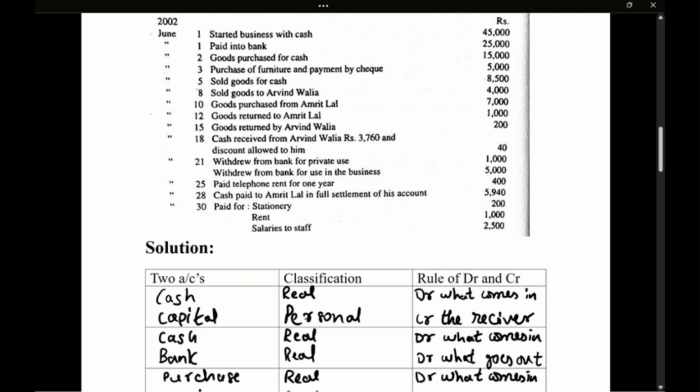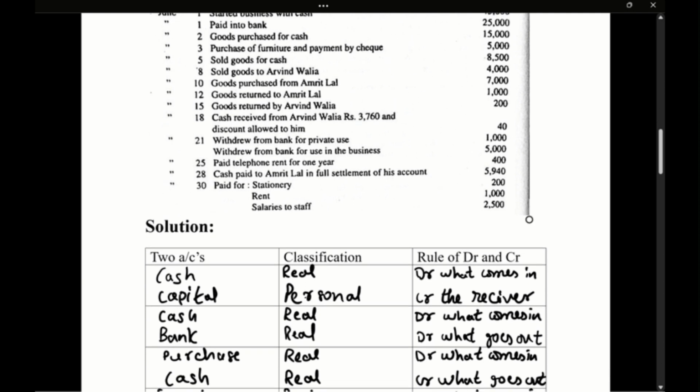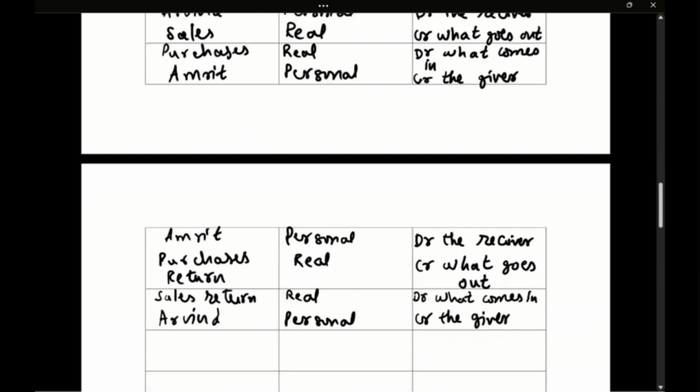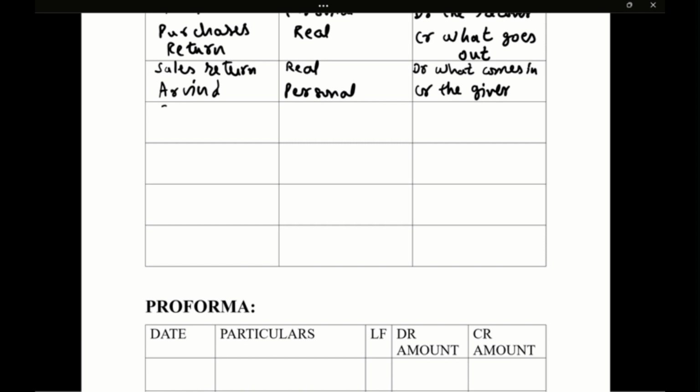Next entry we have cash received from Arvind and discount allowed to him. Here we have cash and discount.